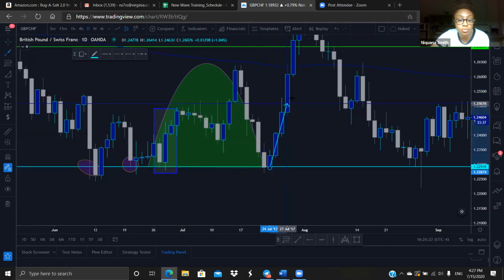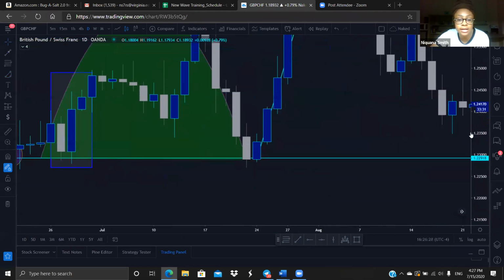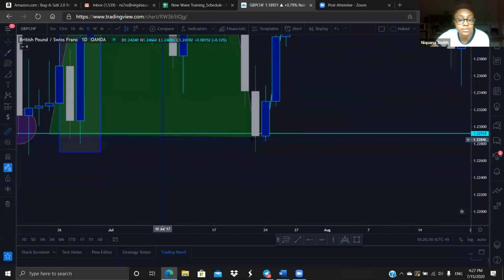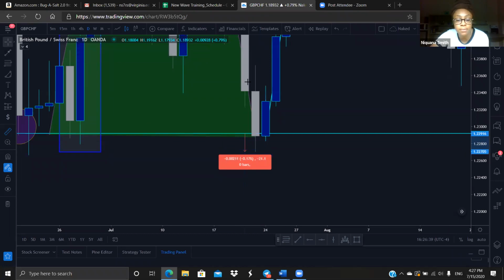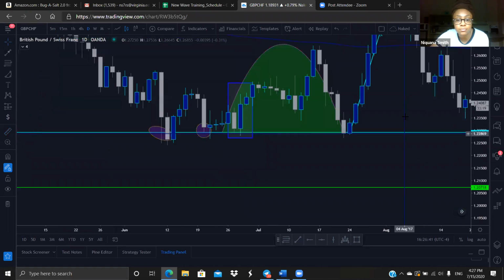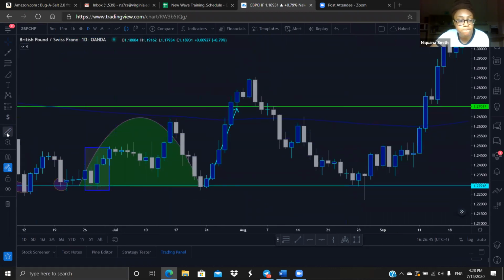And so, what do we have there? Lord have mercy. Price hits the entry. Let's look at how much drawdown there is first. You got a 21 pip drawdown. And let's see how much it bought for. We have it here.